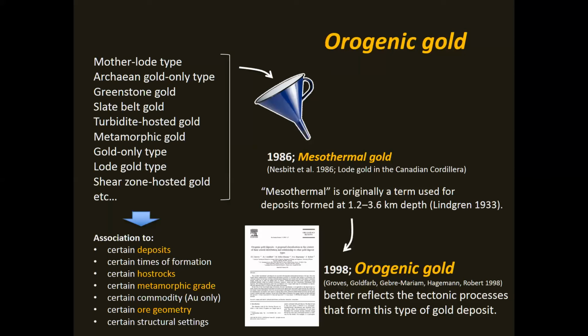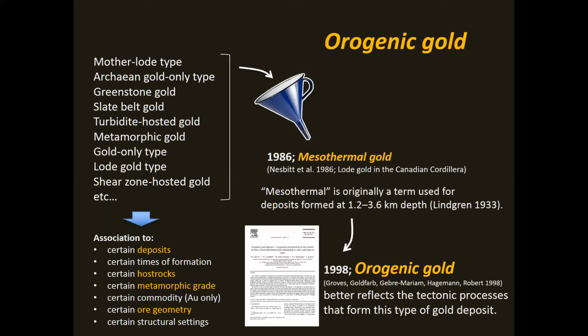However, the word mesothermal was a bit unfortunate, since there is an old reference from Lindgren in the 1930s stating that mesothermal is used for deposits which are formed at fairly low crustal depths. And these deposits could actually be formed at least down to 15 kilometers down in the crust.